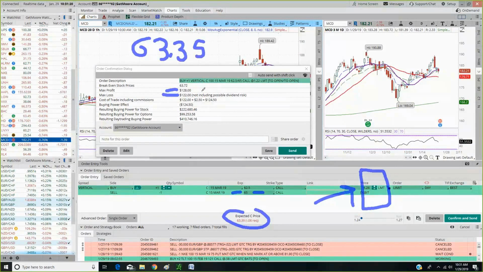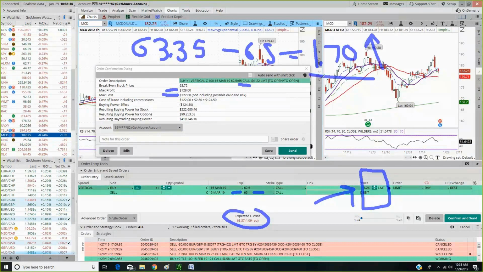As long as Citibank finishes above 65, so guys and gals, all it has to do is basically go up $1.70. If Citibank goes up $1.70 and then does nothing, as long as it closes or finishes above 65, I'm going to get maximum gain.